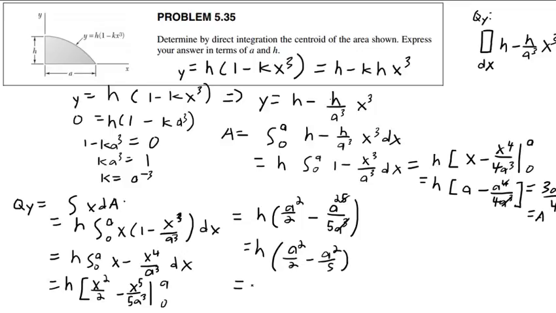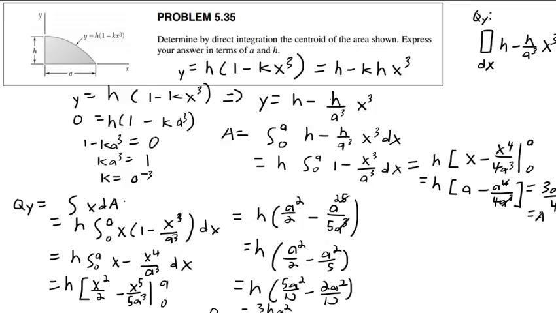Common denominator: h times 5a squared over 10 minus 2a squared over 10, and this comes to h a squared 3 over 10, like so, and that's qy.